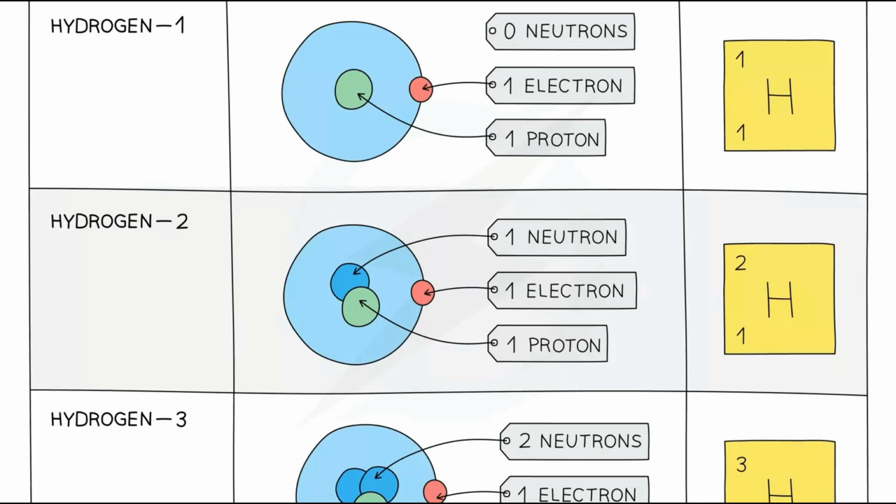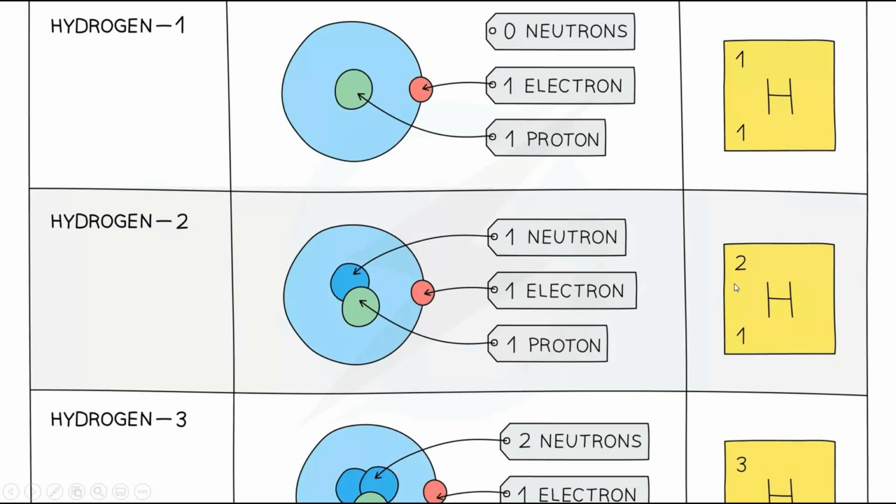If you see the middle section of this diagram, you will notice that hydrogen-1 has 1 proton, 1 electron, and 0 neutrons. But as this number increases, hydrogen-2, you will notice that it now has 1 proton, 1 electron, and 1 neutron. The number of neutrons increases. This means the mass number is increasing.